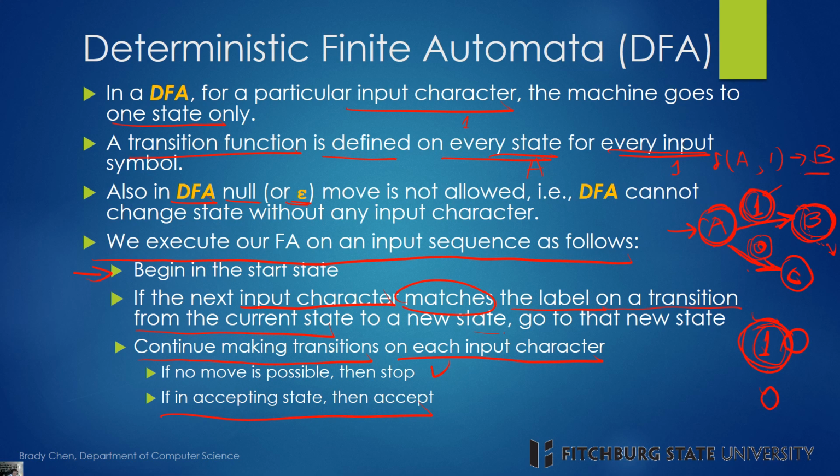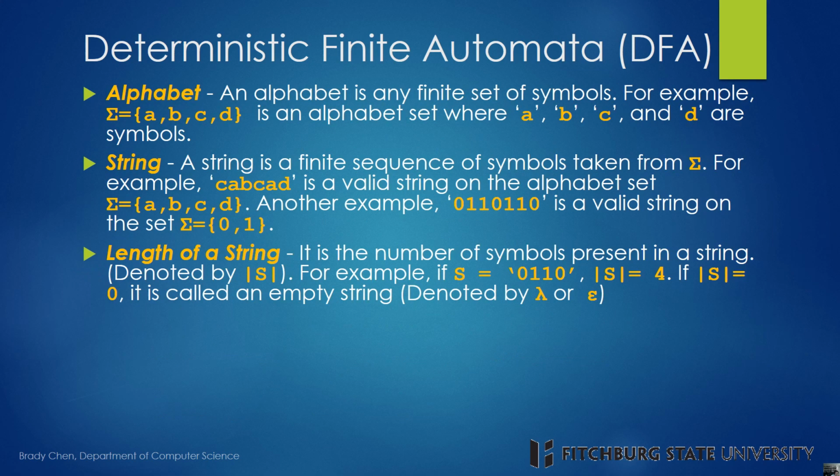Okay, let's warm ourselves up again with the terminology. We say the alphabet is the set sigma, which contains all the symbols for the finite automata.